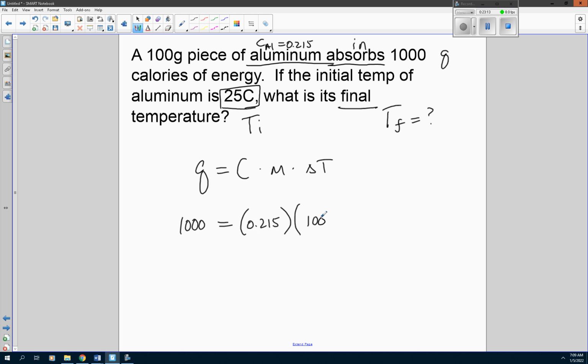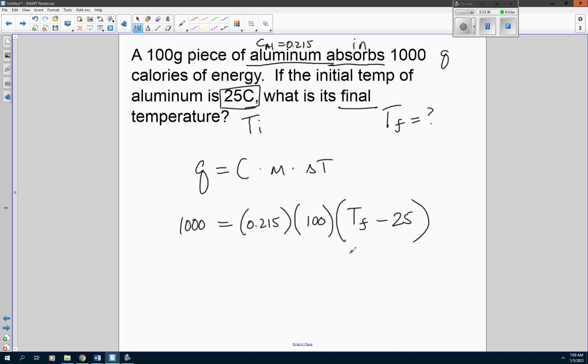The mass is 100, and then delta T, we're going to have to split this up. So delta T is the final temperature, which I don't know what it is, minus the initial temperature, 25. So that's our problem. The problem has one unknown, but unfortunately the unknown is kind of buried inside this problem.